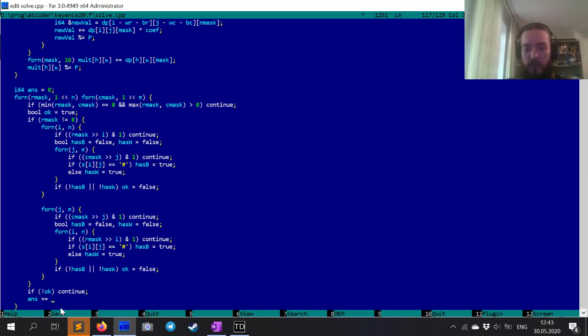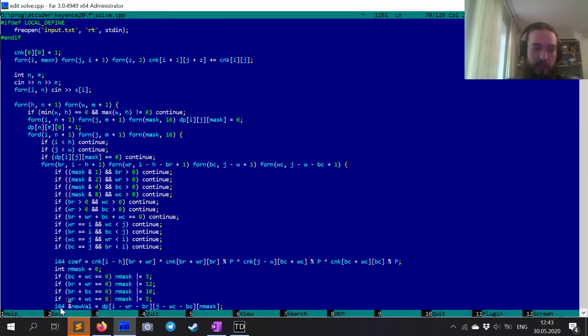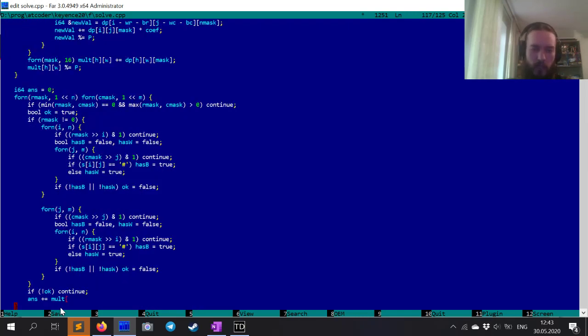So we have to add the number of ways to arrive to that, and that is the multiplicity that we've counted here in this huge cycle. Reusing the same trick, we are interested in the number of bits in R mask and C mask.